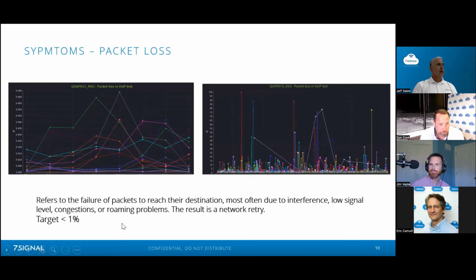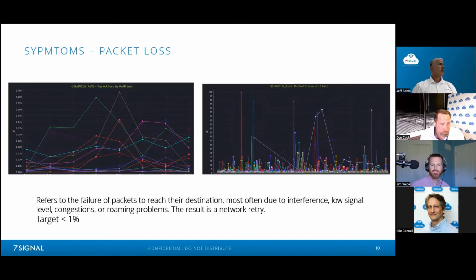Right. And for packet loss, again, looking at all these symptoms related to congestion and high density networks, I wanted to show a couple of contrasting examples. These are a couple of screens from Sapphire Eye, different customers, but real world data.